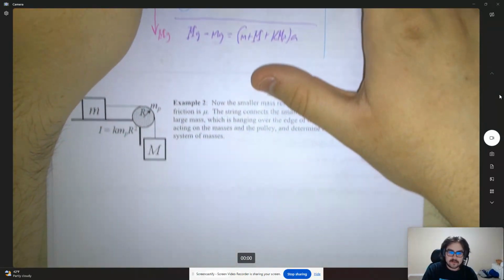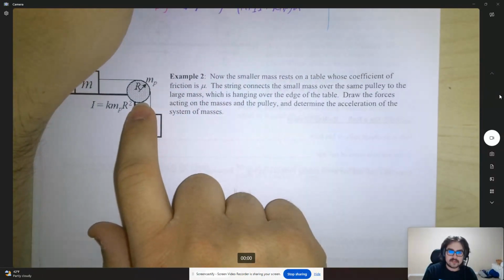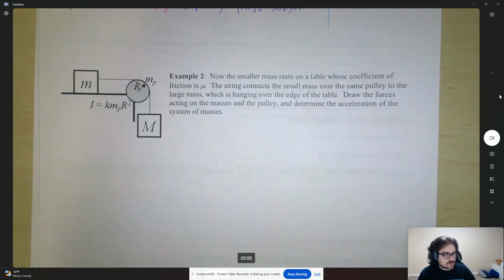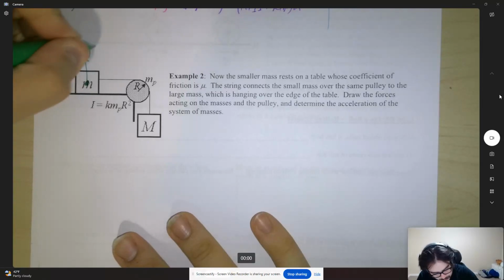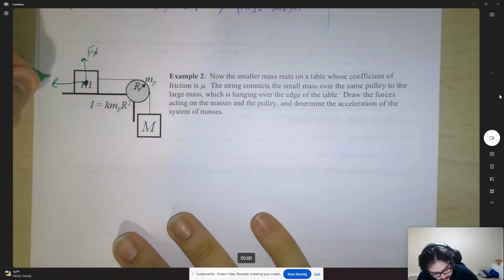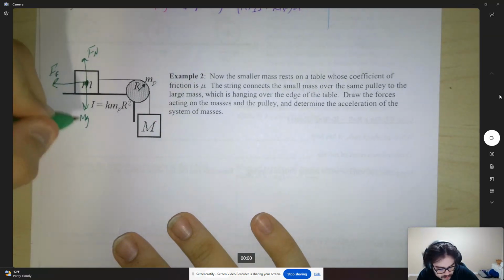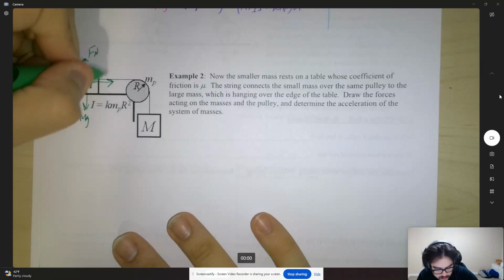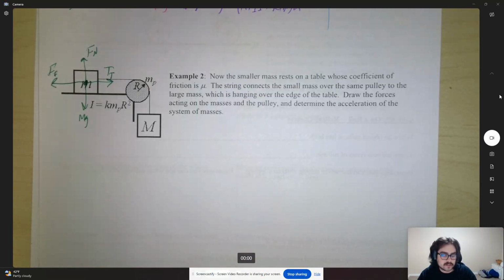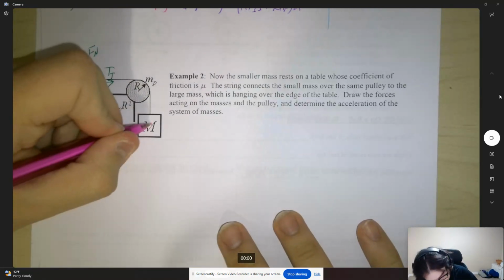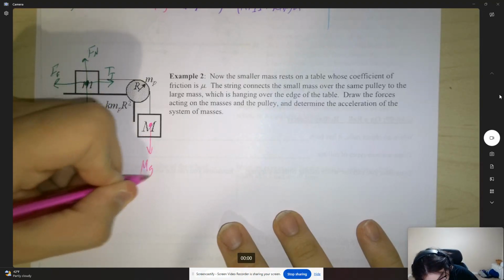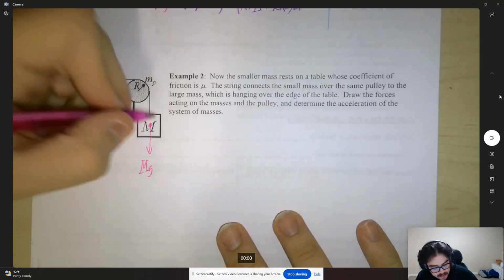In this case now, we have a mass resting on a table and there is friction on the table. So if I draw my forces, I'm going to get a normal force going up here. There's a friction force that's opposing the motion. I'm going to get little mg right here. And then there's a tension here. I'm going to call this T sub T for tension of the top mass. This one over here is only going to have big mg, and then it's going to have tension.